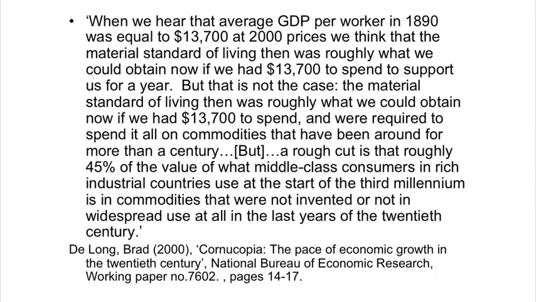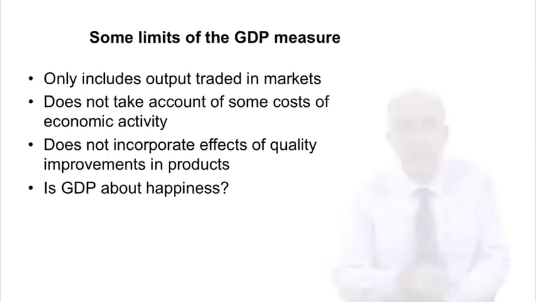As DeLong points out, about 45% of the value of what middle-class consumers in industrial countries like the United States use at present weren't invented or weren't in widespread use in the last years of the 19th century. So it's important to keep in mind that when we compare GDP across time, we're not incorporating this effect of improvements in the range of products we have available or the quality of products.